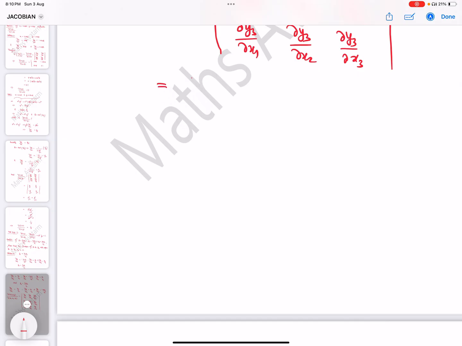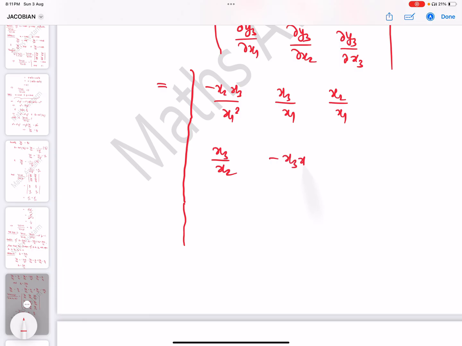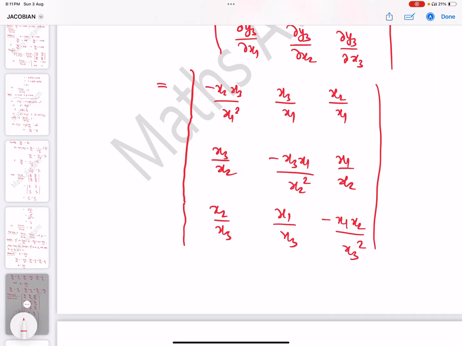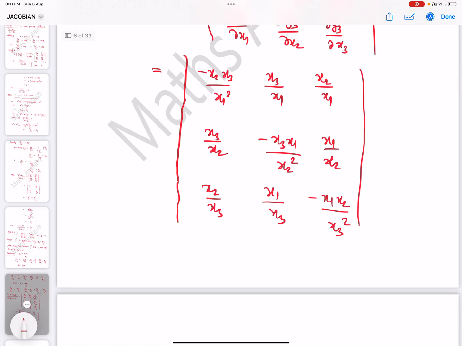Substituting the values, the entries are minus x2 x3 upon x1 square, x3 upon x1, x2 upon x1, and so on.